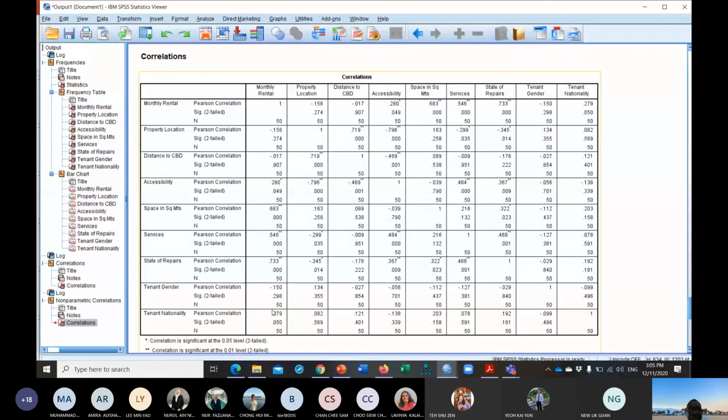What it means is that, what is written here is: correlation is significant at 5% when it is 1 star. Correlation is significant at 0.01% when it is double star. What this is saying is that if your confidence level is 95%, the significance will be at 1 star.